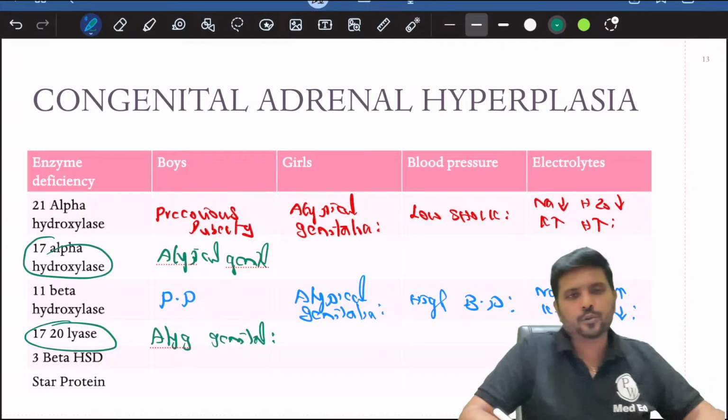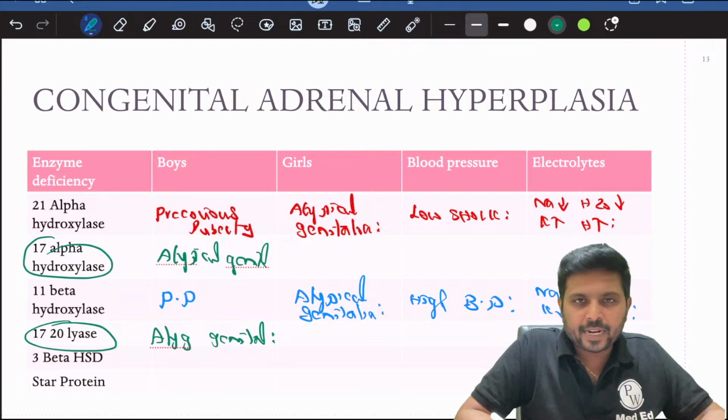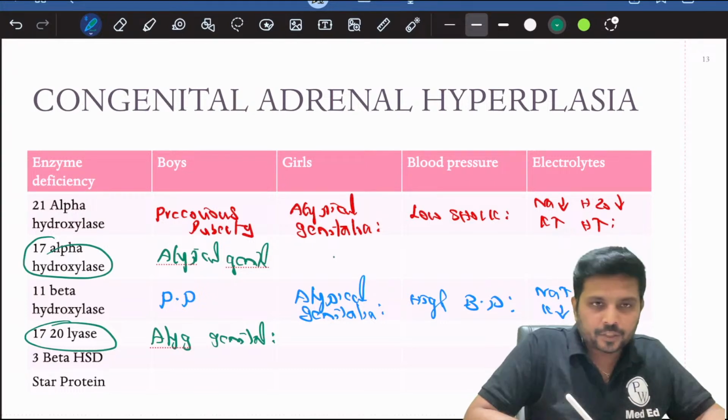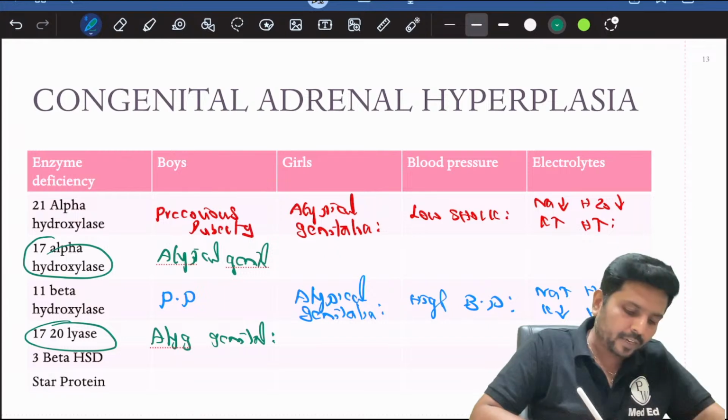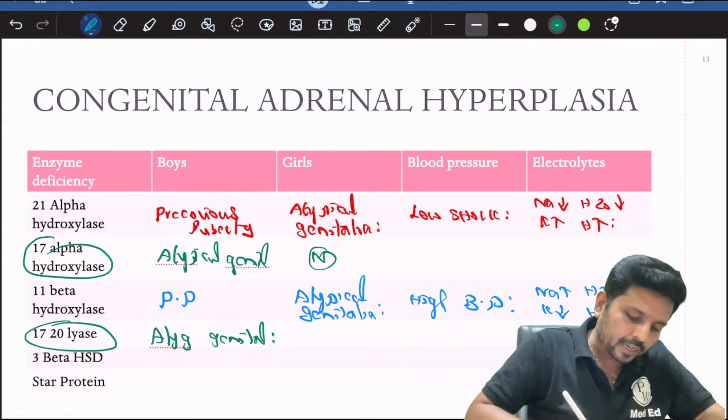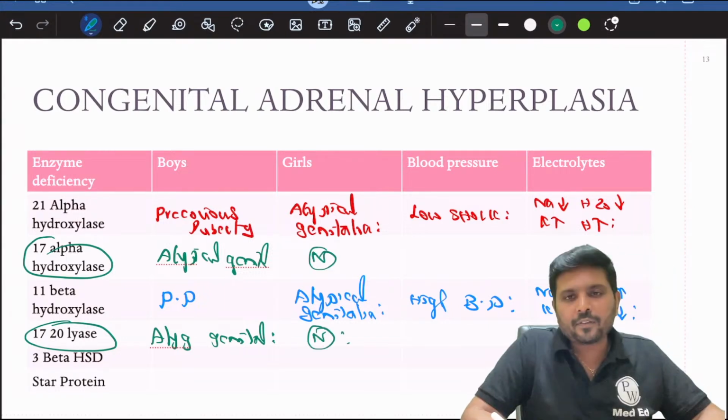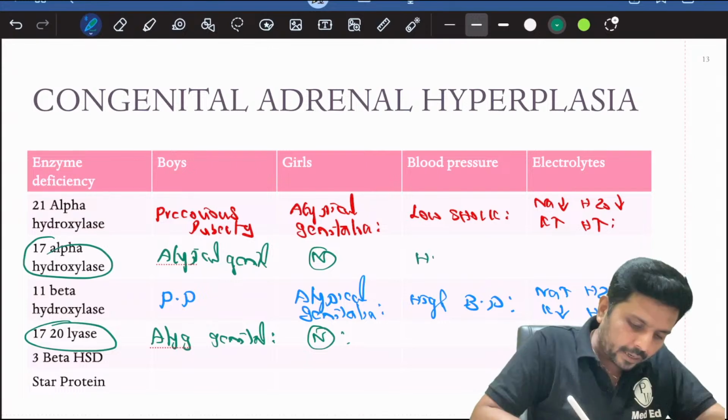Boys in both 17 alpha hydroxylase and 17,20 lyase deficiency have atypical genitalia, whereas in girls the genitalia is normal. So what will happen to BP? Again here, high BP.